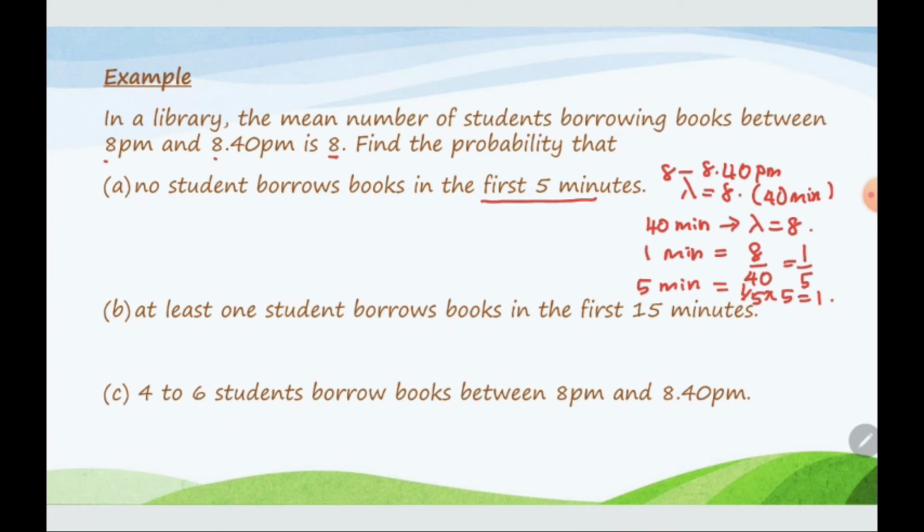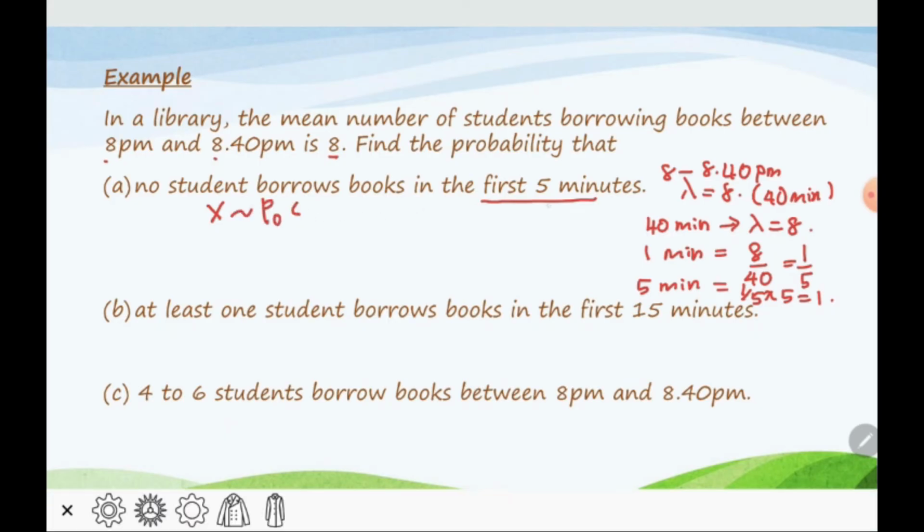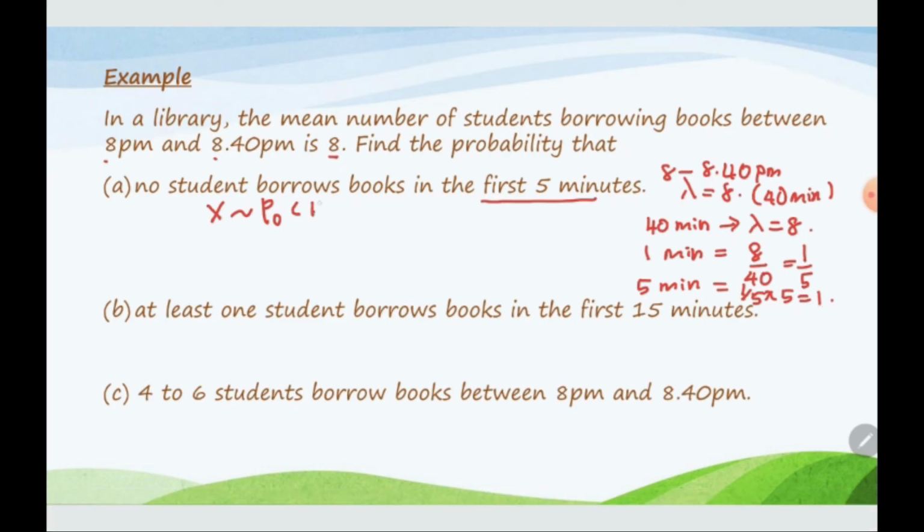Answer the questions. So we have to write the distribution, which is the Poisson. In the first 5 minutes, we got lambda equals 1. And then the question asks to find no student, because X is the number of students that borrow books.